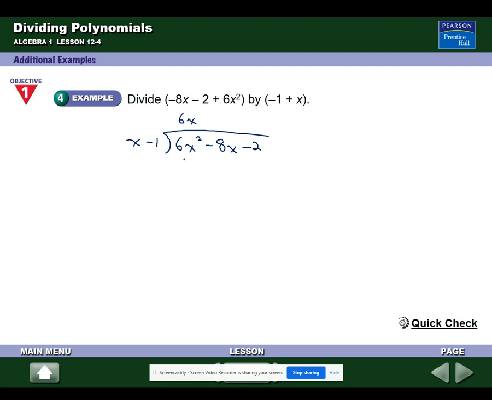This would be 6x. This would be 6x squared minus 6x. Subtracting down to get 0 here. Subtracting down to get negative 2x here. Bring down the negative 2. How many times does x go into negative 2x? That'd be negative 2.